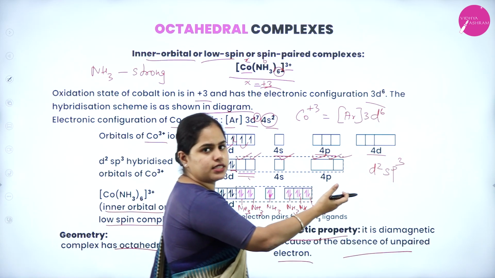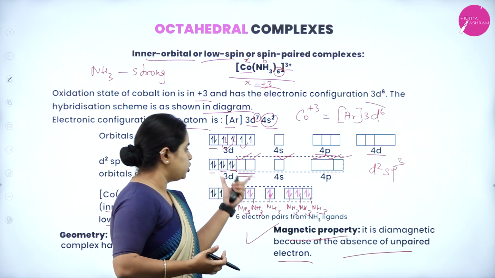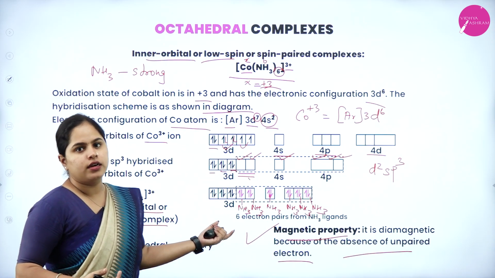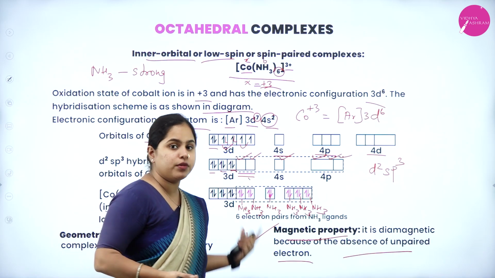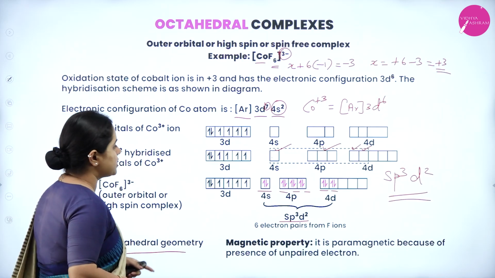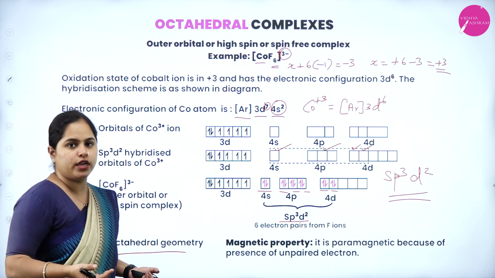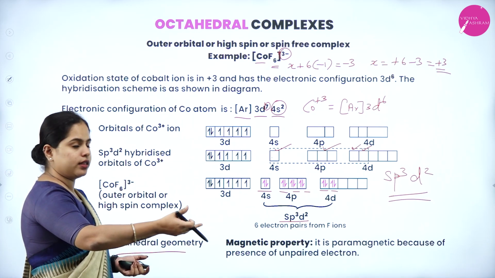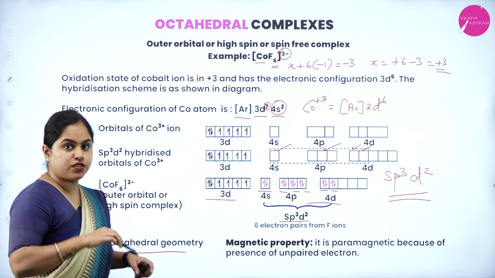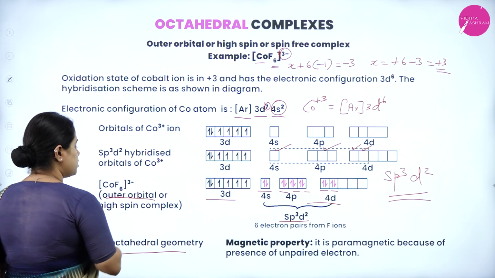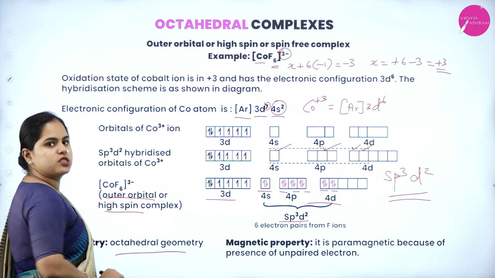We did not take from 4d. But in this case, from where did we consider the 2 d orbitals? It was from the outer d, not from 3d but from 4d. That is why it is an outer orbital complex or high spin complex.